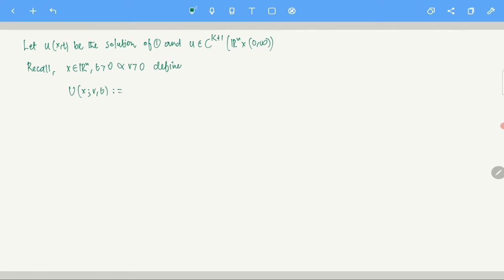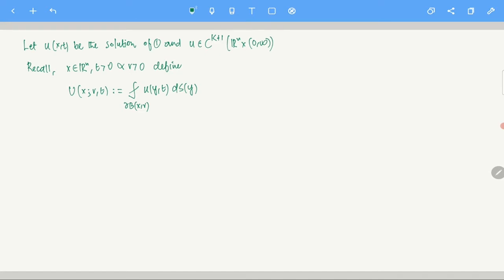This is given by the average of u of y, t over the sphere, del B(x, r), dS y. So essentially this is the average of u over the sphere del B(x, r).